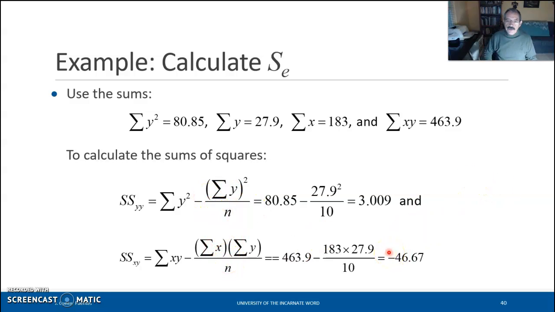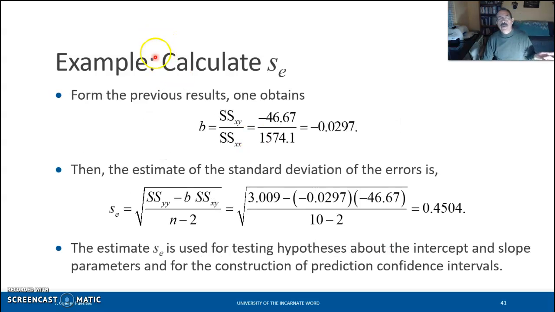Then you will have calculated the estimate of the slope using the sum of squares. With this estimate of the slope, the sum of squares of y, the sum of squares of xy, and the number of observations minus 2, plugging all those numbers into this equation, you can find the standard deviation of the errors or residuals, and that's 0.504.